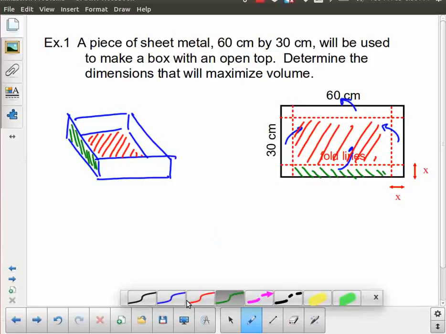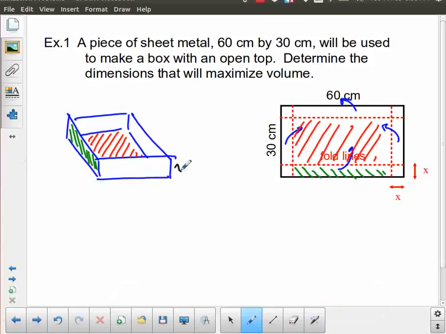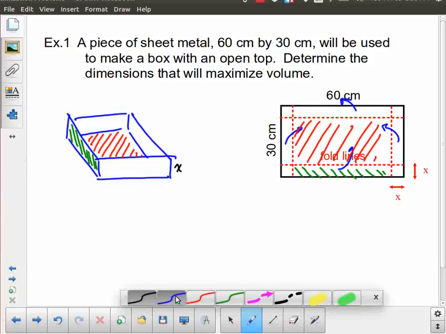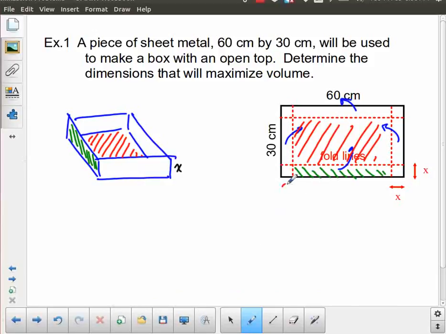So the dimensions on this box is it's going to have a height of x. Now when I cut an x off of here, and when I cut an x off of here, this original length was 60, but I've chopped off 2 x's. So this new length, which is just from here to here, that's going to be 60 minus 2x.